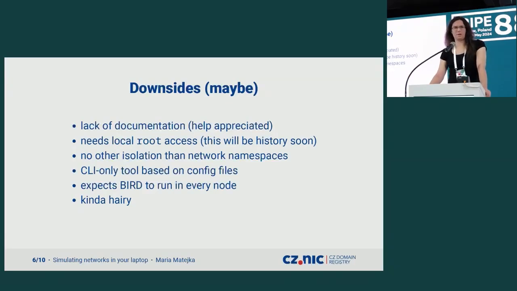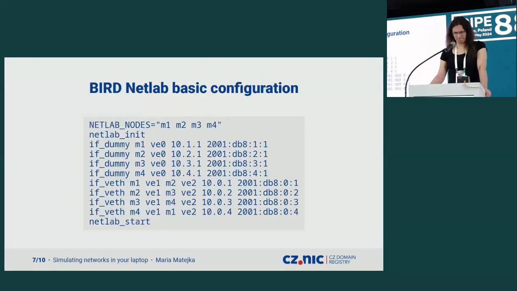There is no other isolation. You don't want to run this in production. This is a testing facility. It's CLI only. You just type it into the configuration. It now expects BIRDs to run everywhere. Yeah, it's kind of hairy, but it can be polished quite easily.